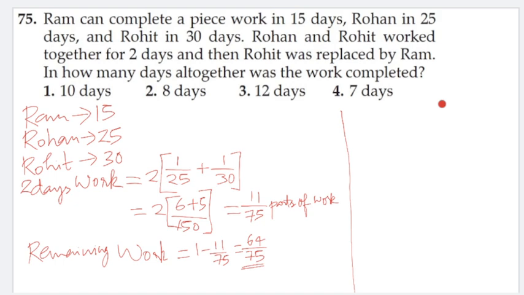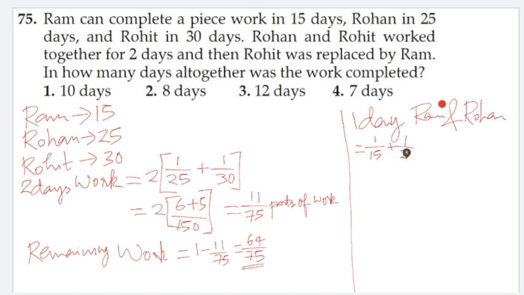So in 1 day, Ram and Rohan is equal to 1 by 15 plus 1 by 25.